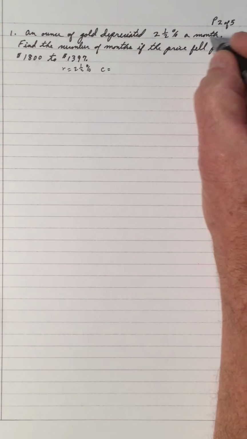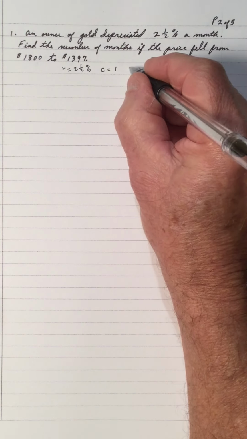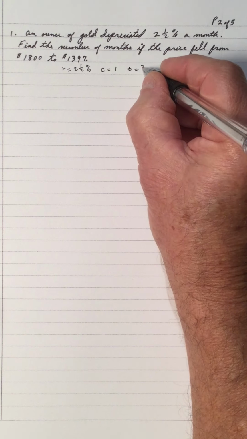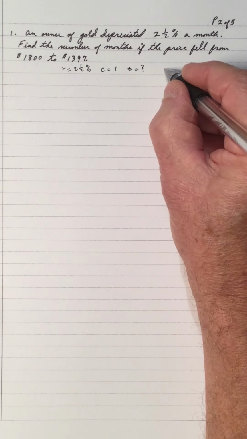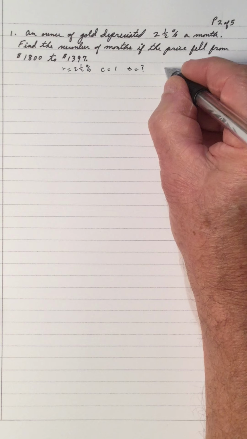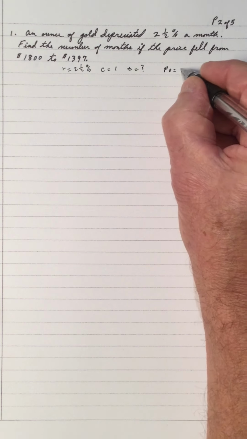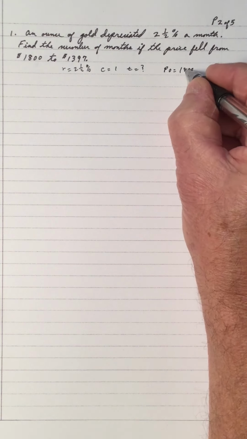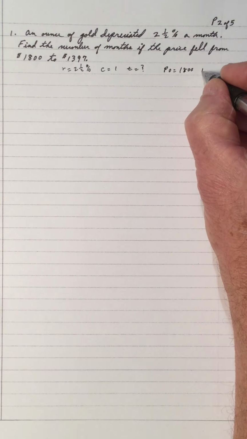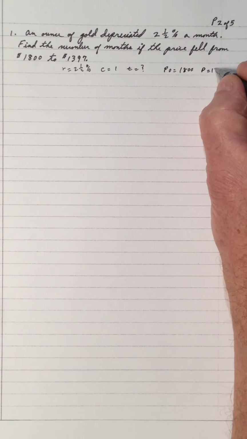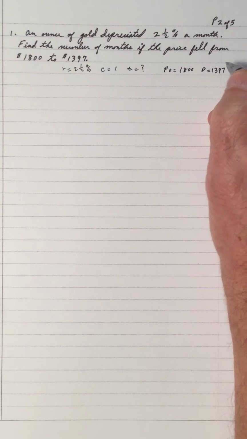C is 1. We have to find the number of months, so T is the number of months. The initial price, which we'll call P0, is 1800. And the price that it fell to is P, which is 1397.